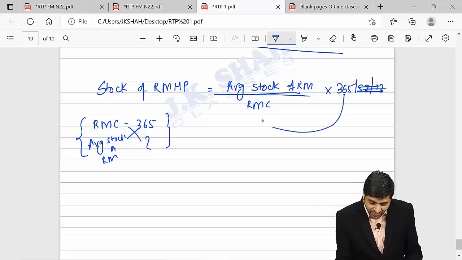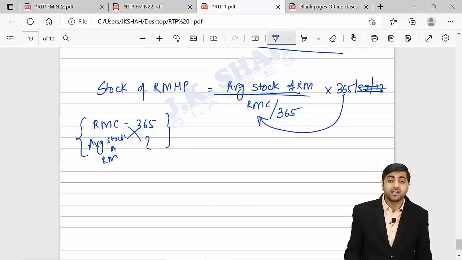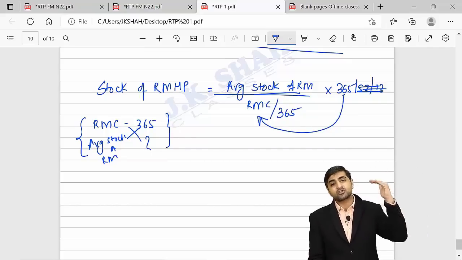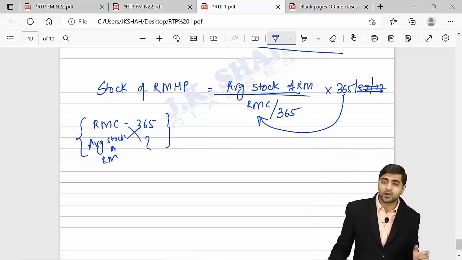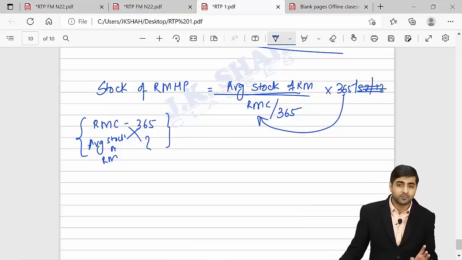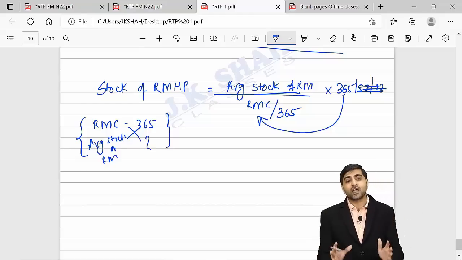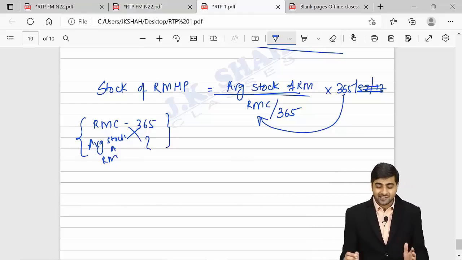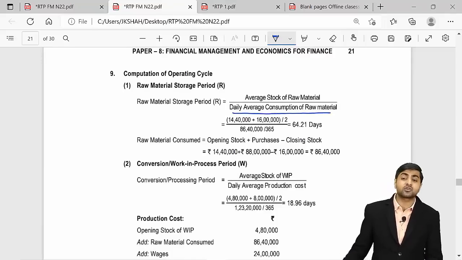Also this 365 can be taken here. So raw material consumed divided by 365 will give you raw material consumption on a per day basis, and you can also take average stock of raw material and divide that by raw material consumption on a per day basis, that will also give you your stock of raw material holding period. So anything is absolutely fine, whatever you are comfortable with. Here your answer is going to be the same, but the institute does it by taking daily average consumption of raw material.